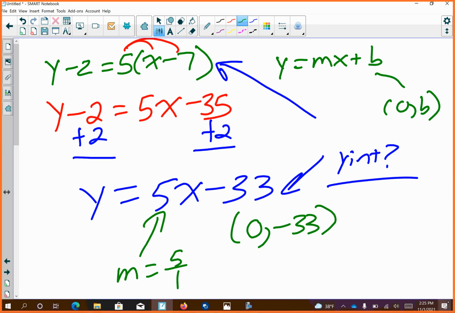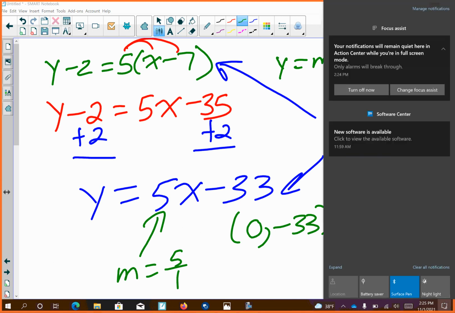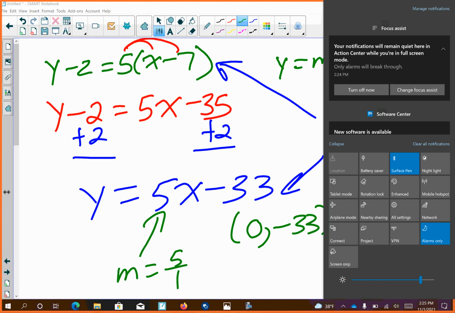Do you like the Promethean better than Smart? Well, I'm using the smartboard stuff on here to use the Promethean board. Let's see if this is here. Oh shoot, you have to load it. Oh, there it is. Connect.